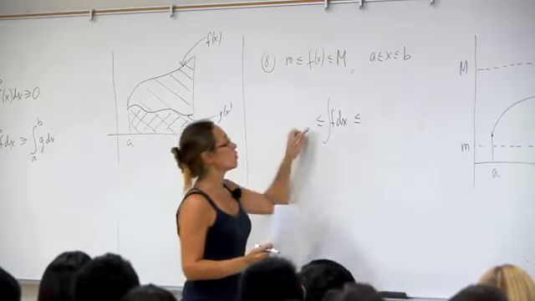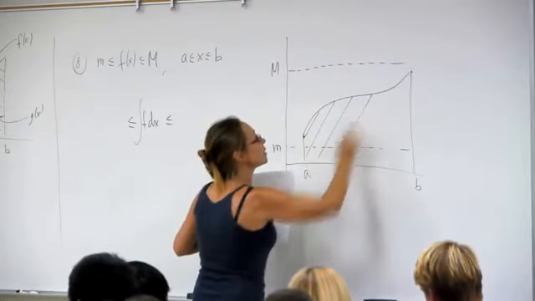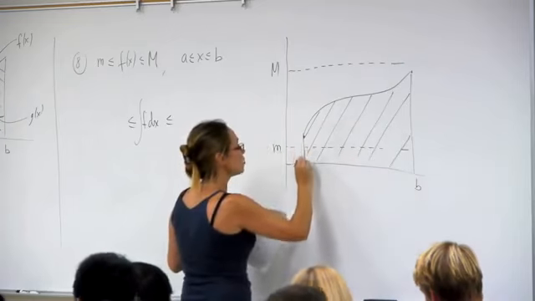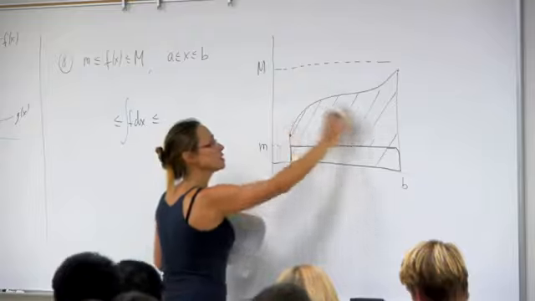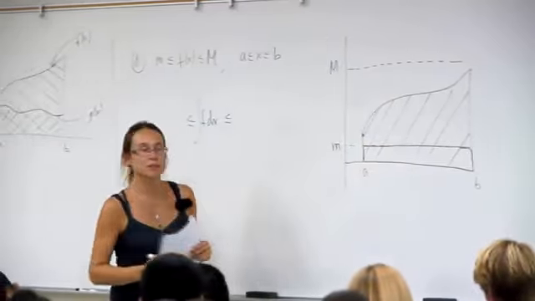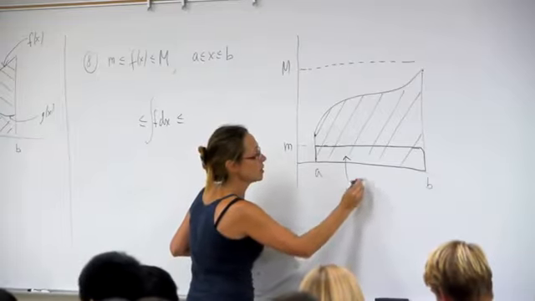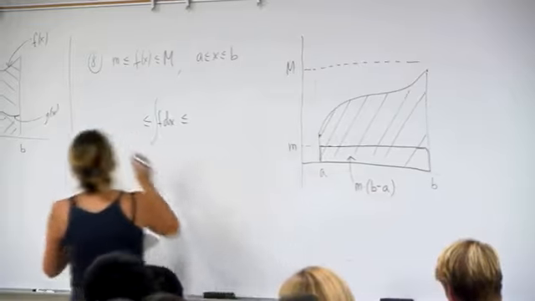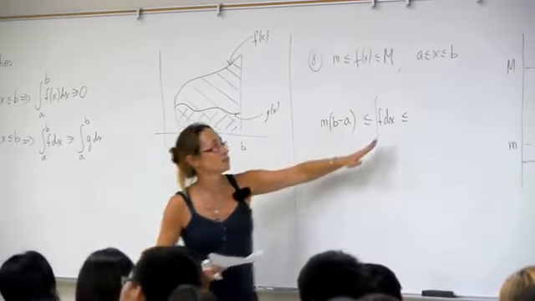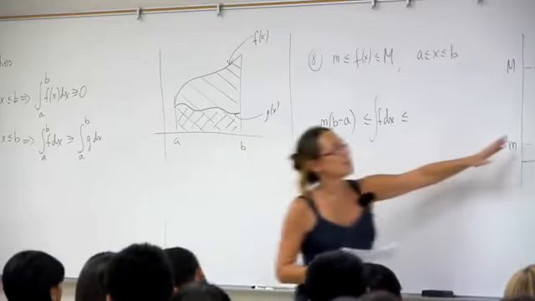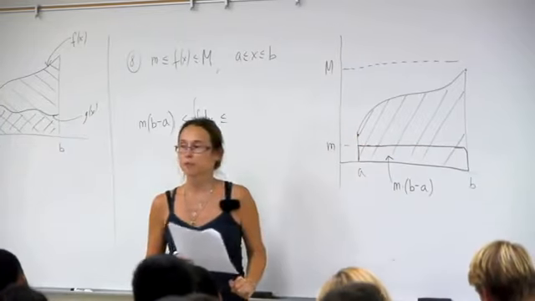What are these things? So the integral of f is this area. Now look at this box here. This is completely contained inside this bigger area. And the area of this box is m times (b minus a). So I can see that the integral of f cannot be smaller than this box, right?